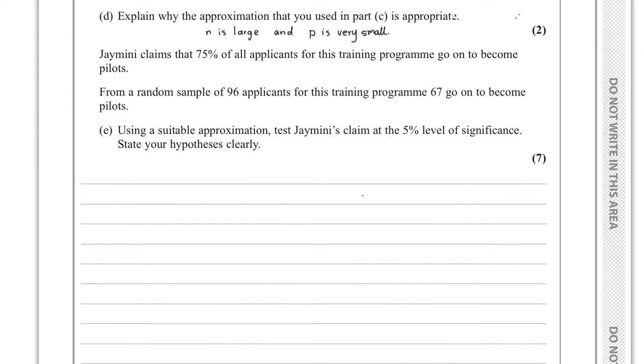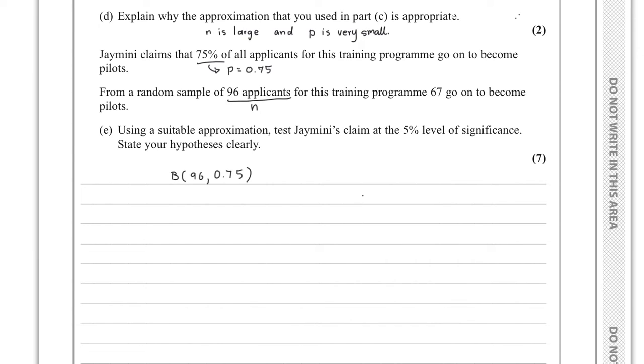The claim is that 75% of all applicants are going to be pilots. That's a probability, which is 0.75, and a sample of 96, so that is n. That means we have a binomial distribution. So we can have a binomial distribution of 96 and 0.75.